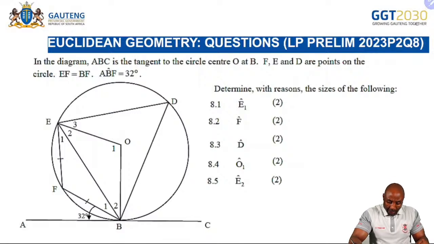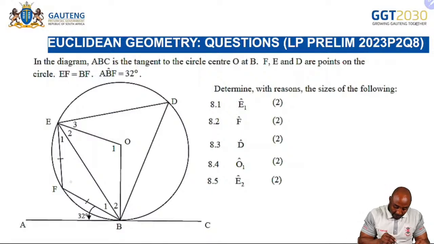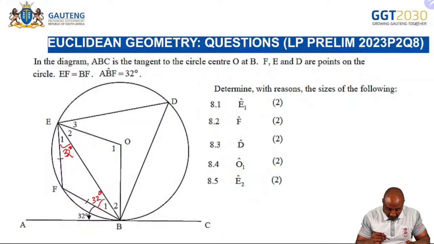So let's quickly look at the angles that are going to be 32 degrees. If I check, BF is a chord, so it means E1 will be 32 degrees. I'm adding it to the diagram. Also, B1 will also be 32 degrees because these become angles opposite equal sides, because our E1 and B1 are opposite EF and our BF.